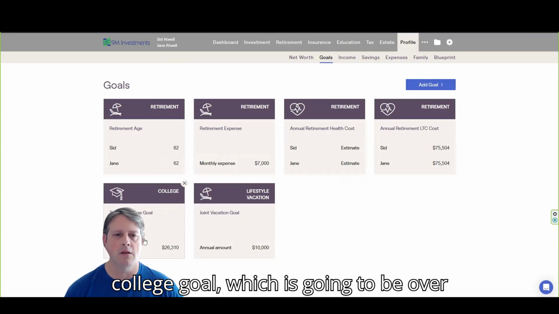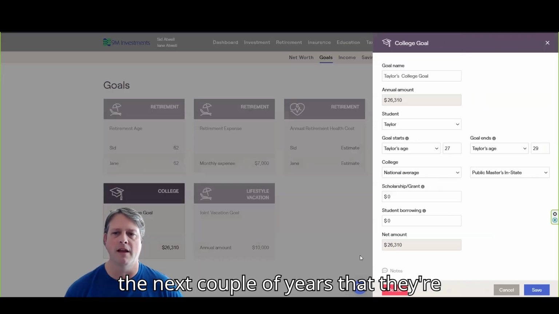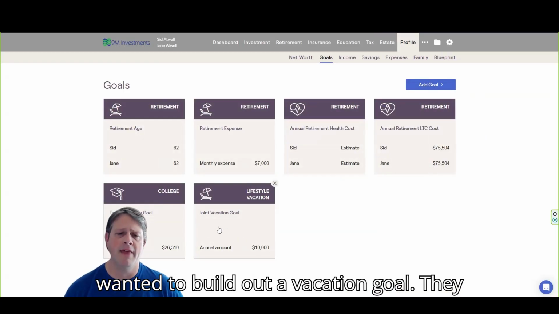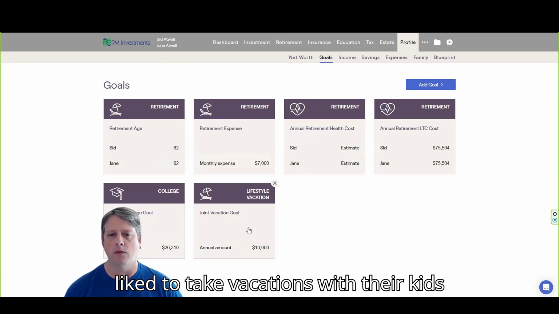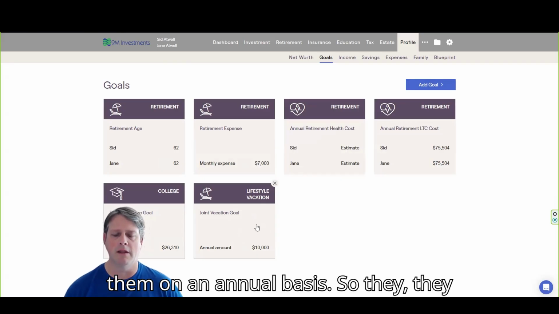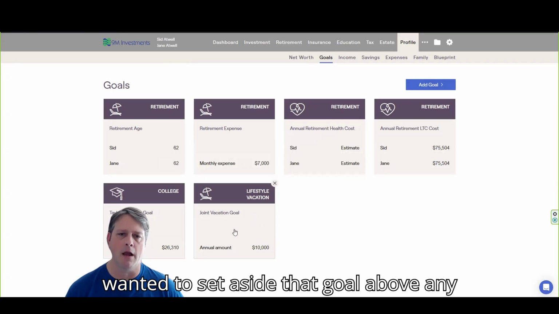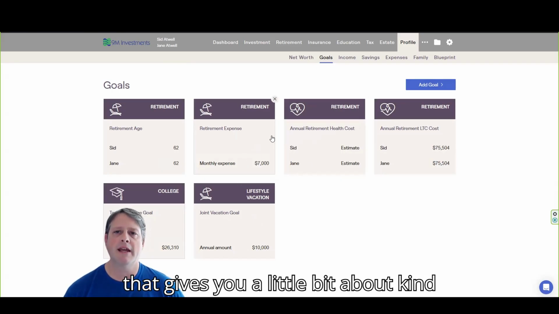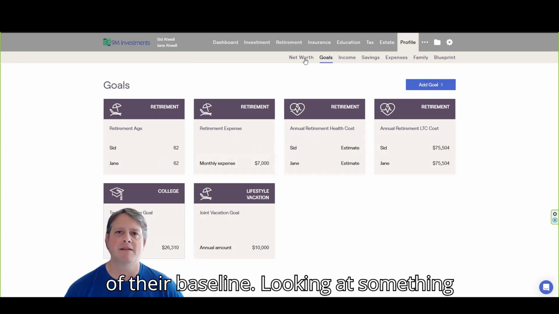As I mentioned, Taylor's college goal, which is going to be over the next couple of years that they're going to be paying for. And they wanted to build out a vacation goal. They like to take vacations with their kids, and they like to do one that's just them on an annual basis. So they wanted to set aside that goal above any other day-to-day expenses. So that gives you a little bit about their baseline.